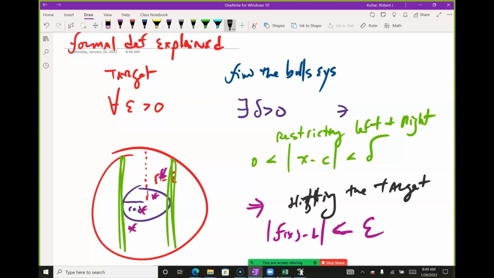If I shrink it down to nothing, what becomes of the bullseye? Nothing. And what do we call that nothing? A point, and that point is L. So not only do we hit the bullseye, we hit it at exact center, and we know we have a limit.